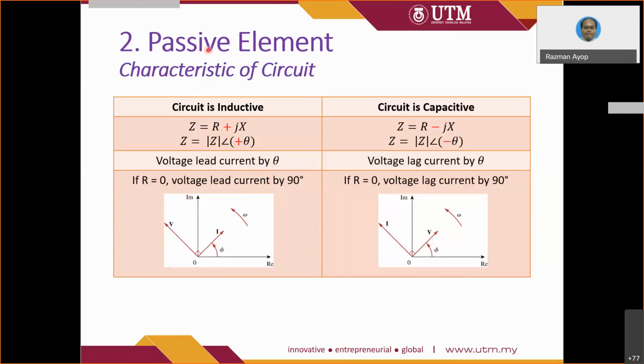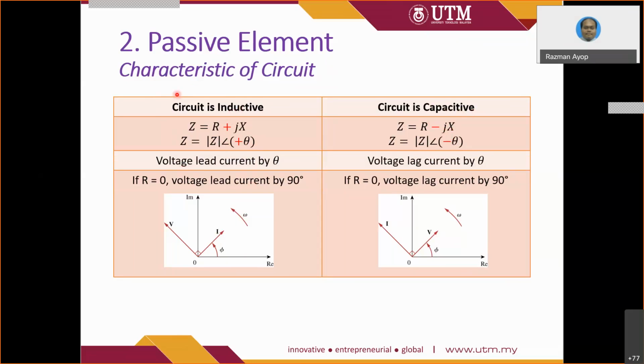Also in the theoretical part, you need to know the characteristic of the circuit. If the impedance Z is positive, it is considered an inductive circuit. If the impedance is negative, it is considered capacitive.